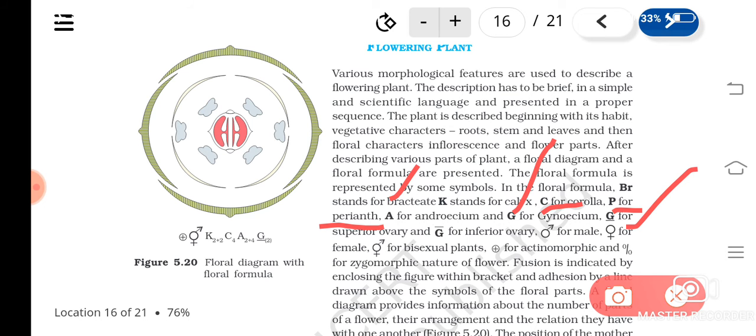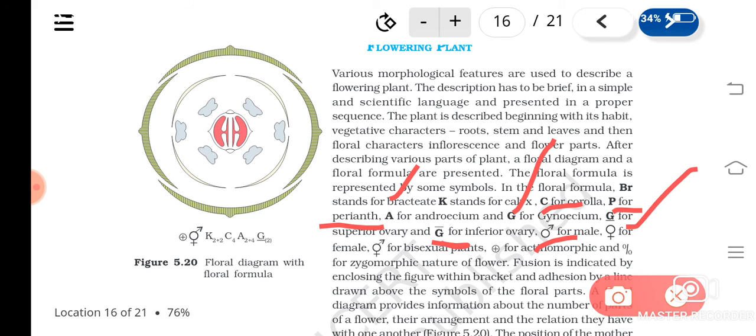Superior means the ovary is superior. All the other whorls are forming a level which is lower to the ovary. Understood? If the line is above G, it means the ovary is inferior.